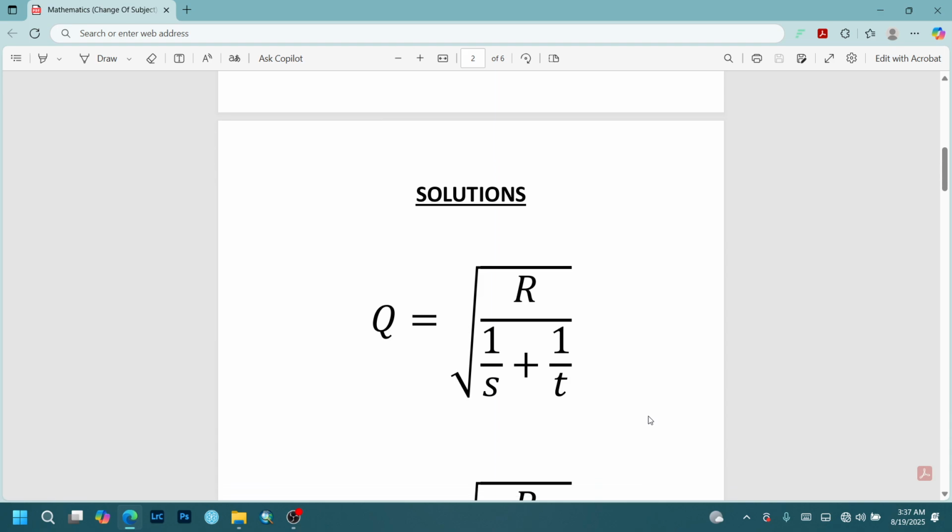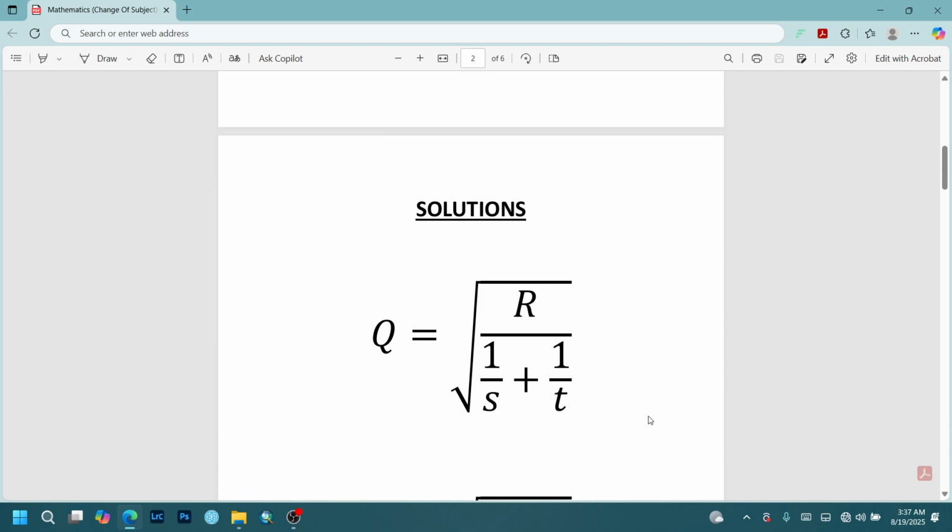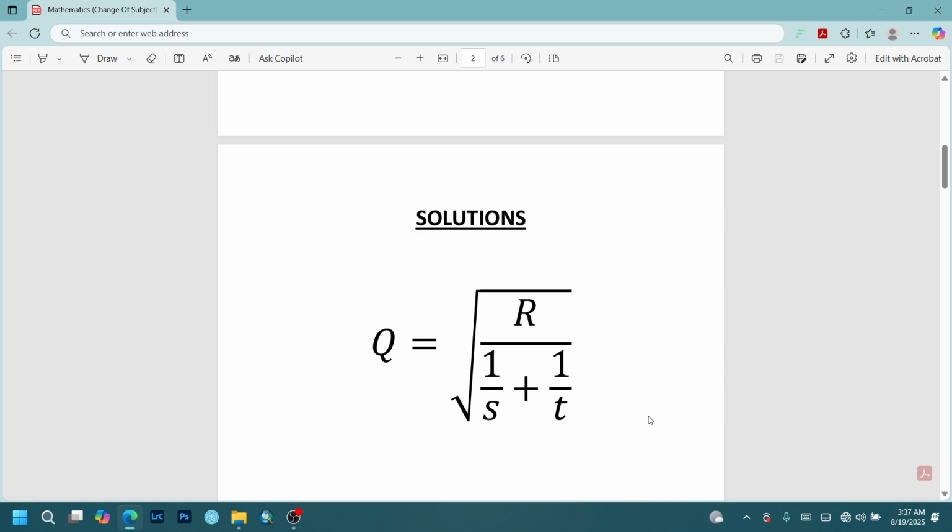Okay, so when you have a question like this where it involves square roots, right, the first thing you have to do is to eliminate the square roots by squaring both sides, right?